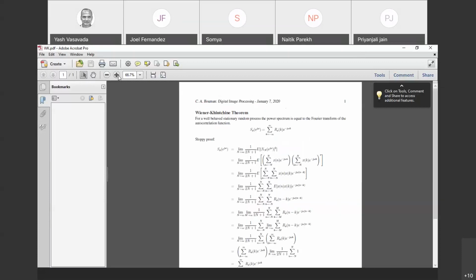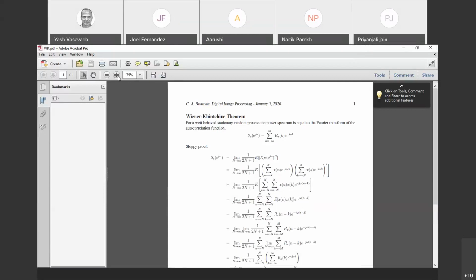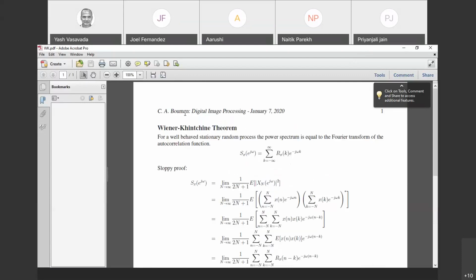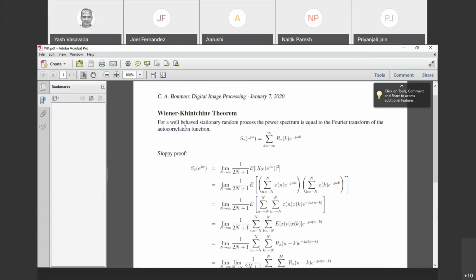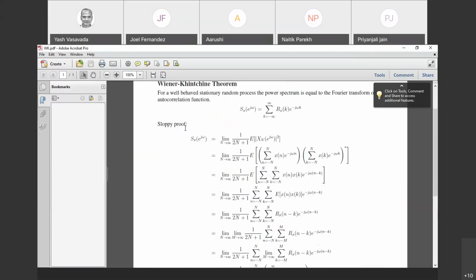Yes, sir. Okay. So I just pulled this up from, I think this is Professor Bowman's, I forget which university in USA. Anyways, I pulled it up from a simple web search, and this is the proof of the Wiener-Khinchin theorem.